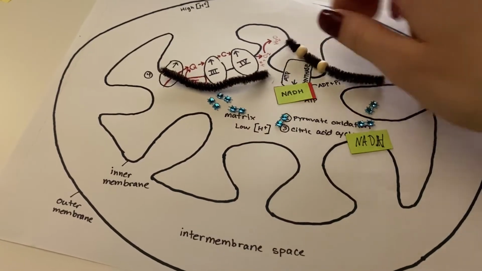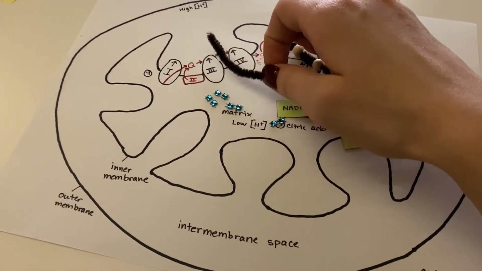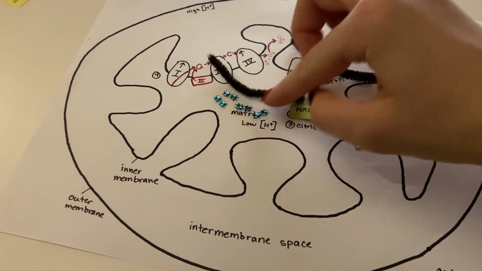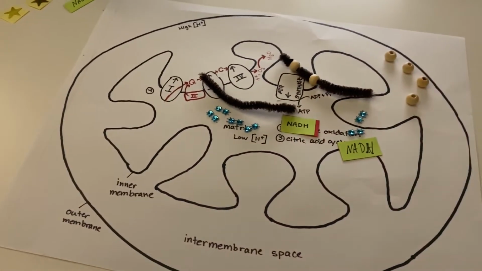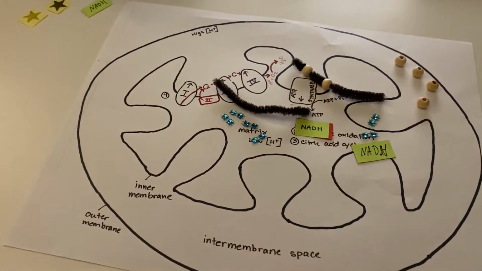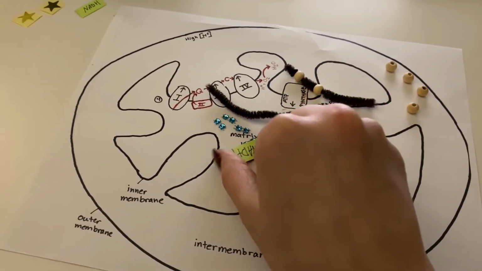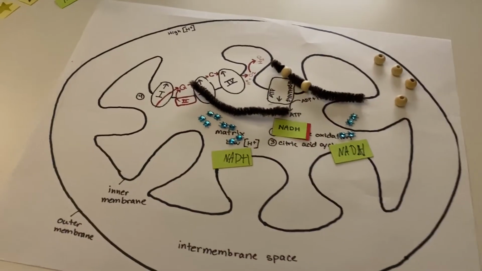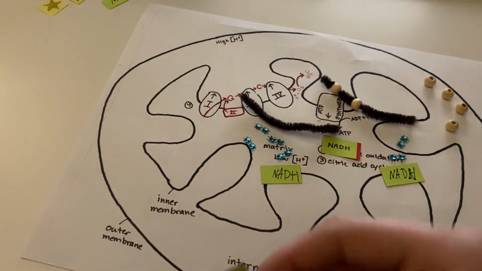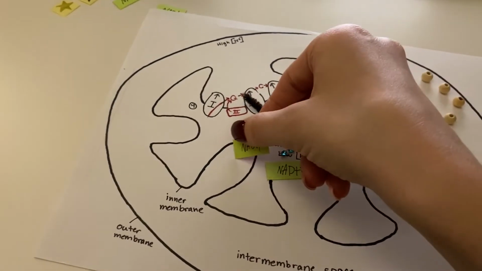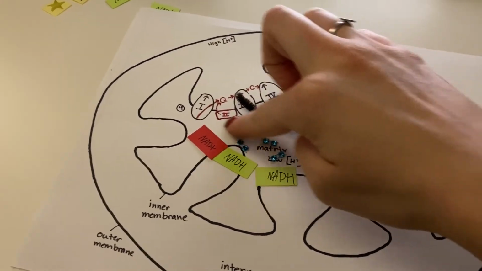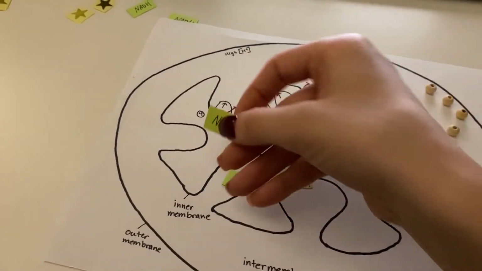Each of the acetyl-CoA has 8 electrons, and so an NAD plus will come in, take 2 electrons, and reduce to NADH, and this happens 3 times. So it takes 2 electrons, turns into NADH, and then takes 2 electrons and turns into NADH.